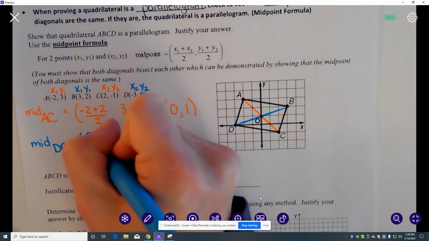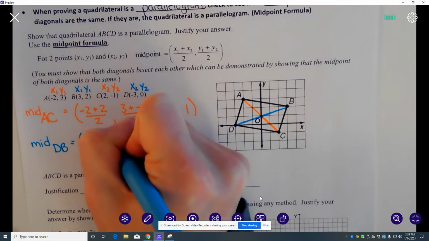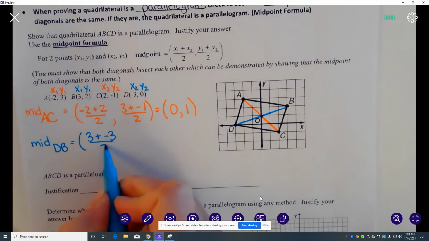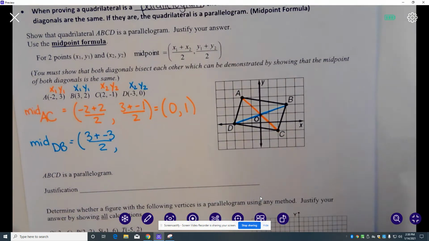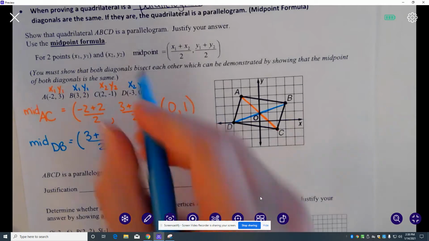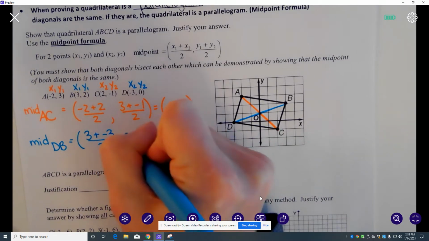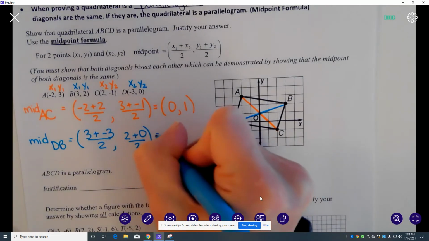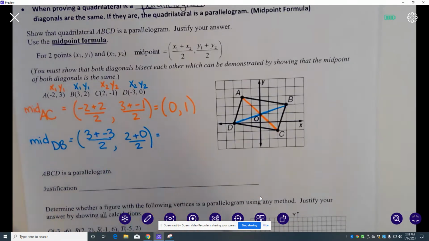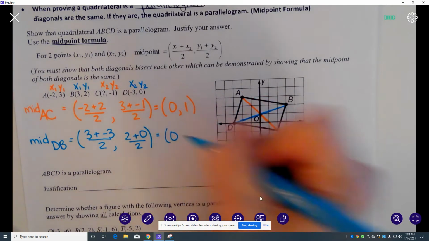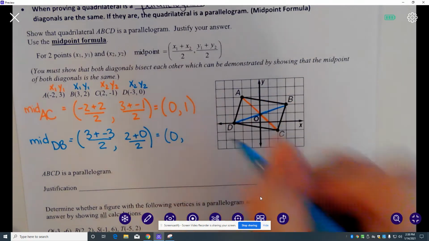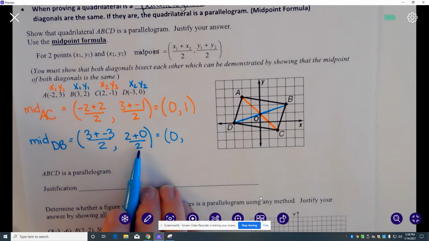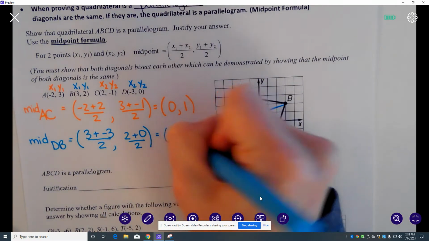So x1 plus x2 gives me 3 plus -3 divided by 2, and y1 plus y2 gives me 2 plus 0, and then I divide that by 2. 3 plus -3 is 0, and 0 divided by 2 is 0. 2 plus 0 is 2, and 2 divided by 2 is 1.